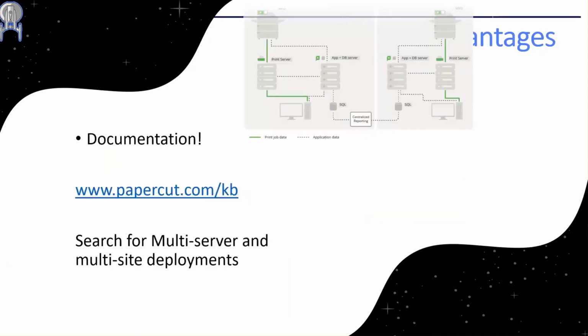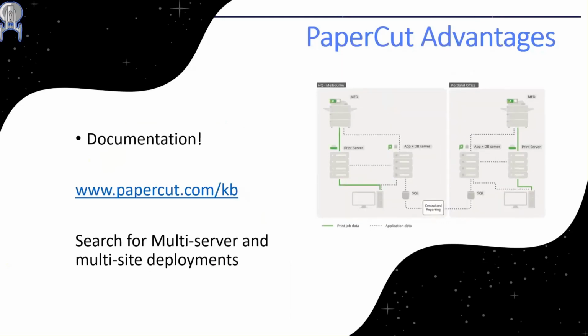Personally, one of the biggest challenges you have with PaperCut is the open knowledge base, or I should say one of the biggest advantages, not a challenge. This is an advantage. Hard to believe that you don't even need a login or an account to access information. Everything is very transparent as PaperCut wants you to have the info. There's a great article on multi-server, multi-site deployment.